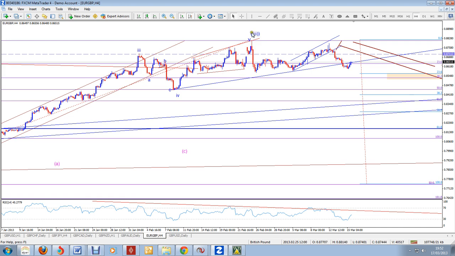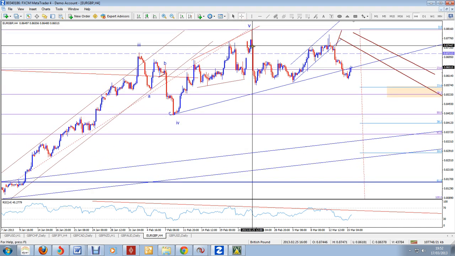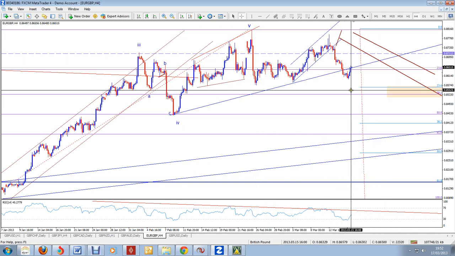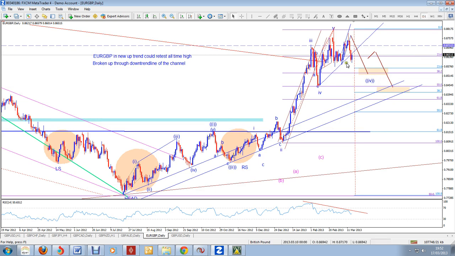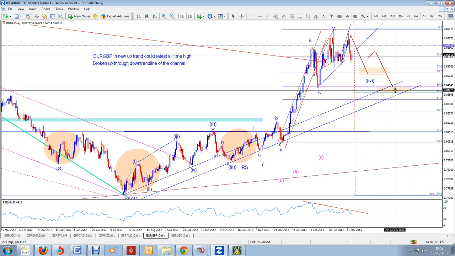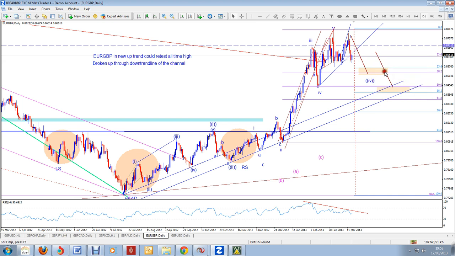So I think what we got here is this high was wave 3 in double bracket, and then subsequently on the euro we have seen wave A, ABC retracement, wave B, and we are now working our way on a wave C. And in that we would be expecting for euro to decline somewhere around 85, 35 to around 84, and that's what I mean is that I think the pound will be stronger because it's been so weak, now trying to bounce back from oversold condition.